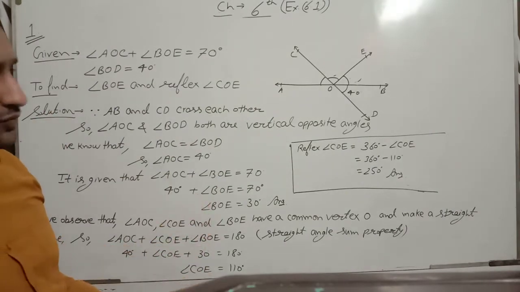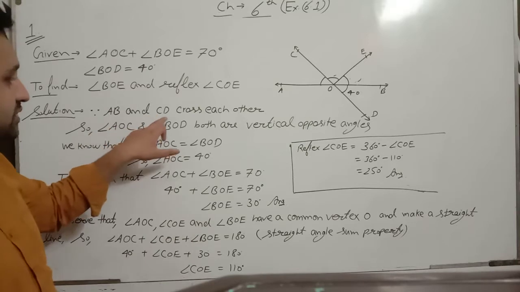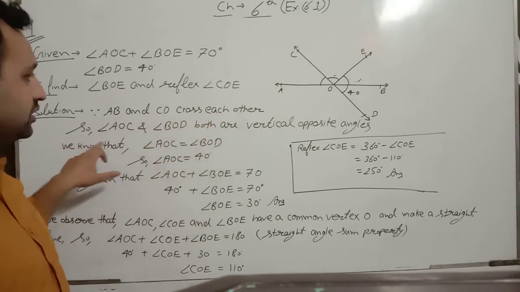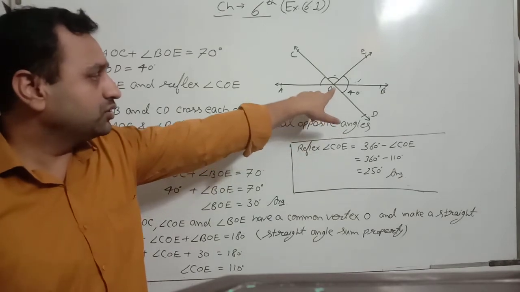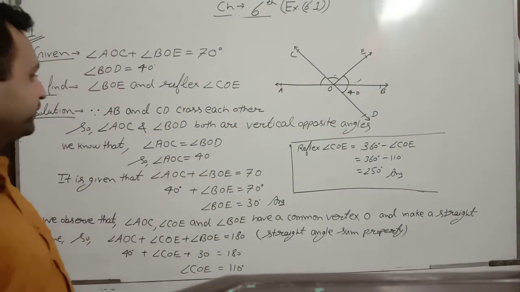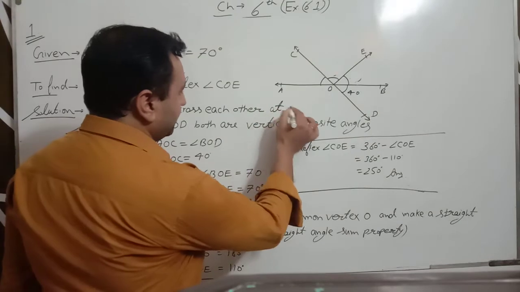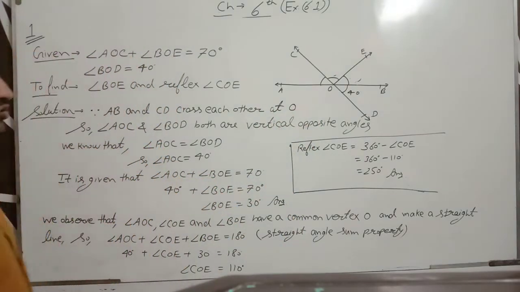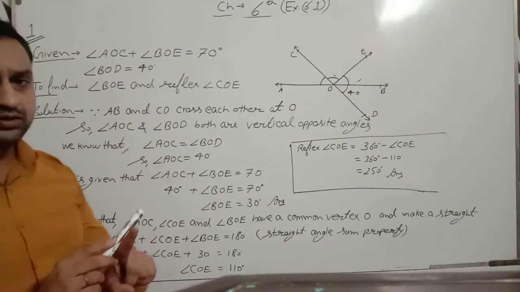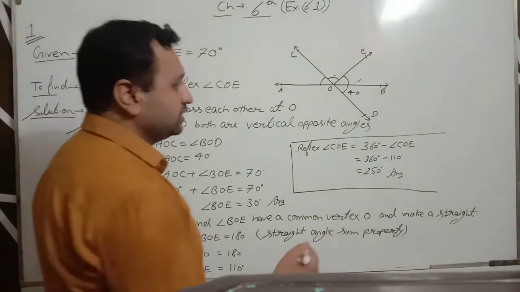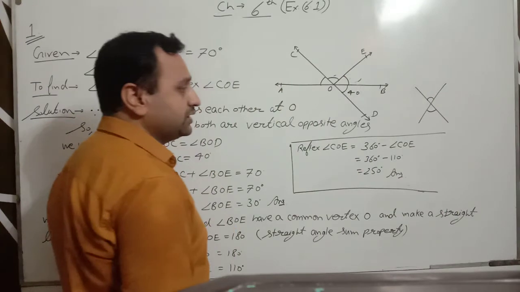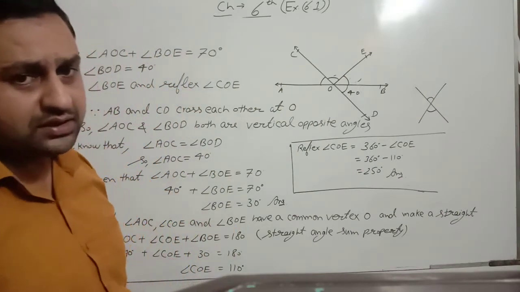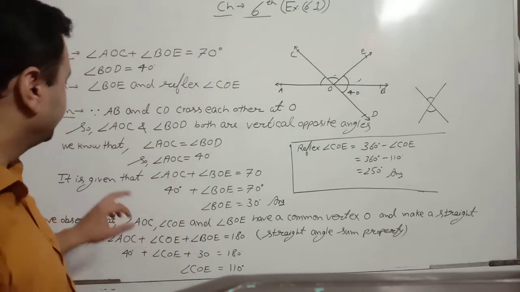In the figure we observe that AB and CD cross each other at O. So remember, when two lines cross each other, then the angles created are called vertically opposite angles, and vertically opposite angles are always equal.